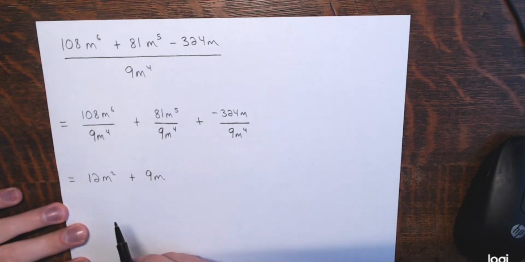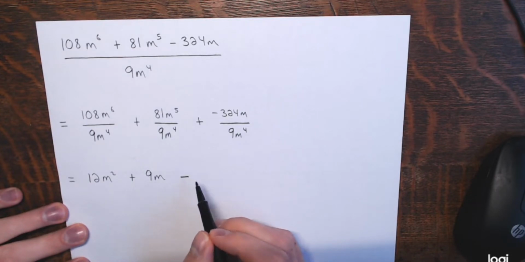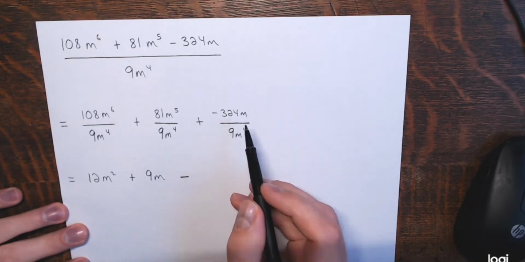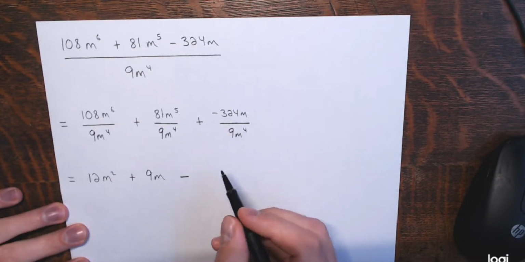Plus 9m for the second fraction. And then minus, 324 divided by 9, let's see, that would be 36, right? 9 times 36 would be 270 plus 54, 324. Yeah, so that's minus 36.